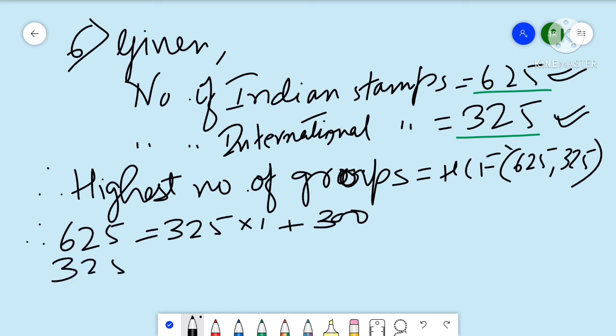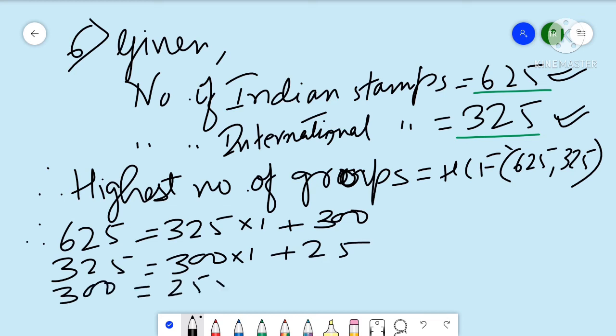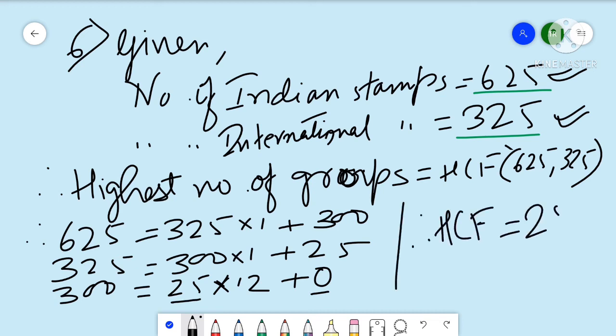Then 325 is equal to 300 into 1 plus 25, and ultimately we can write 300 is equal to 25 into 12 plus 0. So here as we have got the remainder 0, our divisor is 25. Therefore HCF is equal to 25. So the required highest number of groups that we needed to find, the answer is 25.